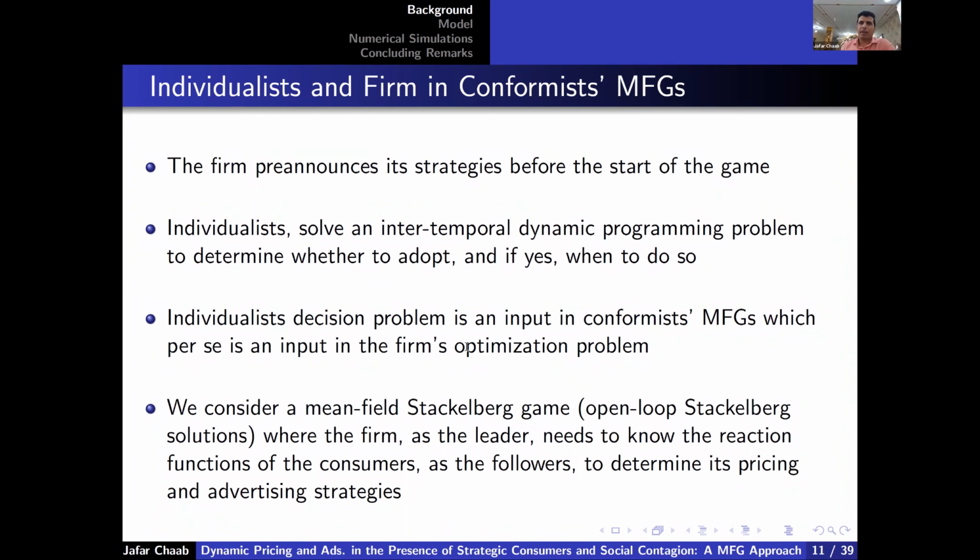After that, the conformists react to the individualists' strategies as well as the firm's strategies, while also reacting to each other's strategies in a Nash configuration, to determine whether to adopt or not, and if yes, when the adoption date is. Once we have the consumers' response in the two segments, the firm will be able to determine its marketing strategies. So what we consider in this research is a mean-field Stackelberg game where the firm acts as a leader and consumers are assumed to be the followers.